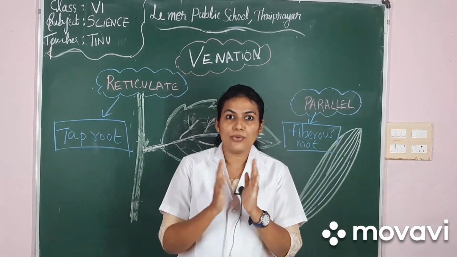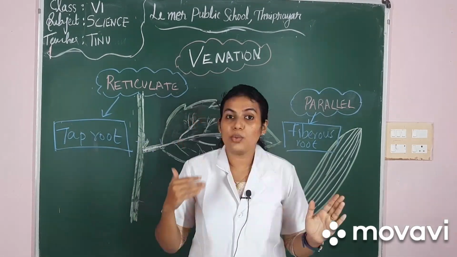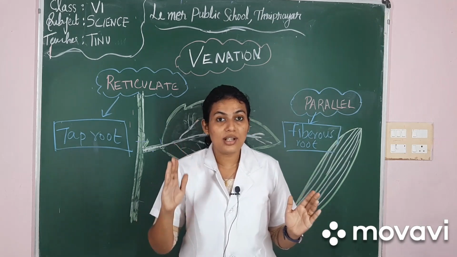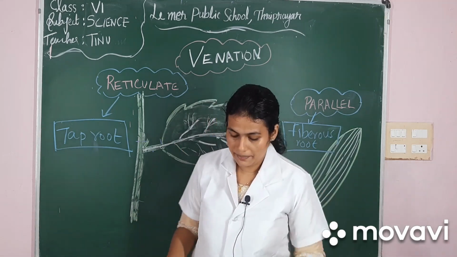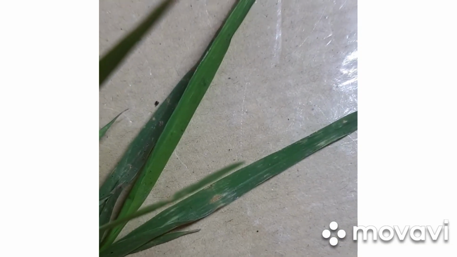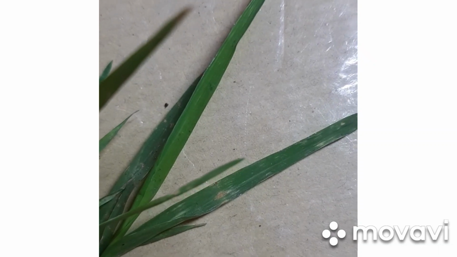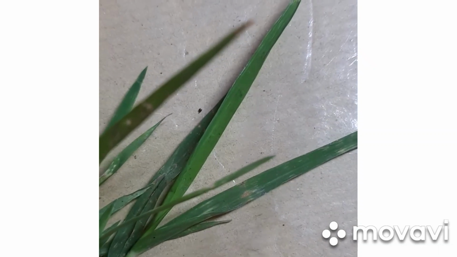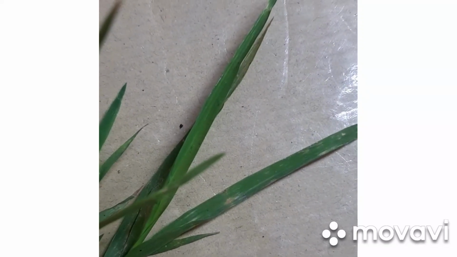Now I will show you few plants. You have to tell me which is the venation of the leaves of those plants and which is the form of the root system. Yes, students, let's observe this plant. What is the nature of the leaves? They are showing, yes, parallel venation, isn't it?